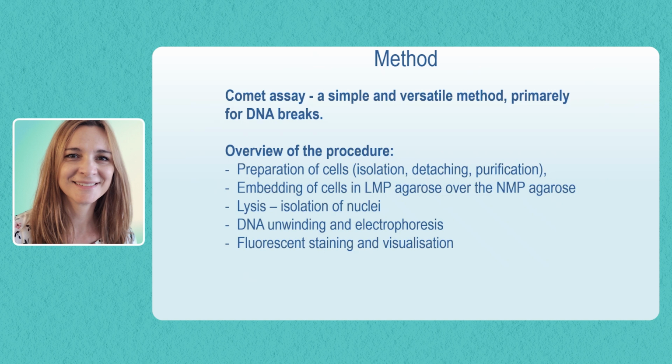So the procedure for the Comet assay, which is a simple and versatile method for the investigation of DNA breaks: you have to collect cells, then you isolate them either by detaching, isolation, purification, embed them in low melting point agarose and spread them over the normal melting point agarose covered slides. Then you do the lysis, DNA unwinding, electrophoresis, and further on you stain them and visualize them.